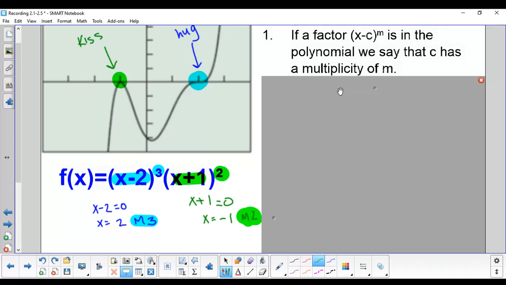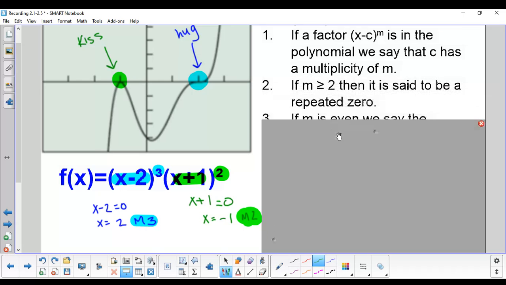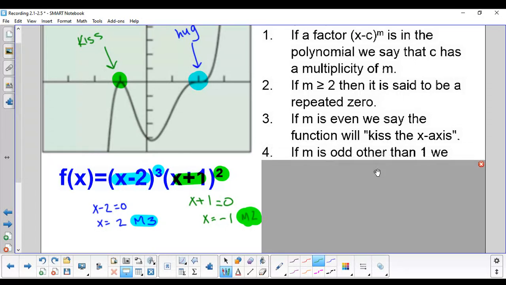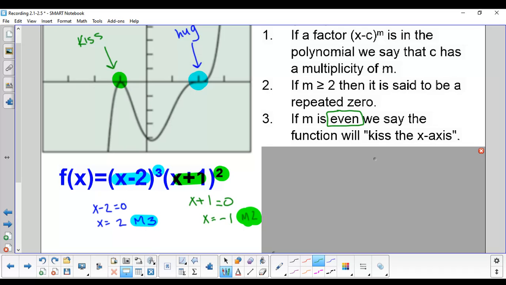Okay, so let's go ahead and take a look at some other facts that I have. If the multiplicity is greater than or equal to 2, then it is said to be a repeated 0. That means that 0 is showing up more than once. If the multiplicity is even, which is what I showed you second, this is the kissing of the x-axis.